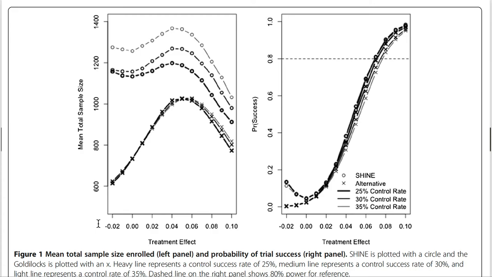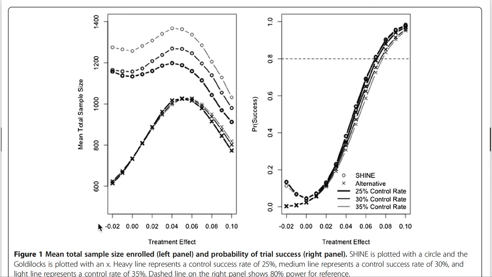So basically you can see for the treatment effect on the left side with regards to mean of total sample size, that the Goldilocks has a much smaller sample size curve, and the success rates are very tightly wound together for the Goldilocks experimental treatment effect.